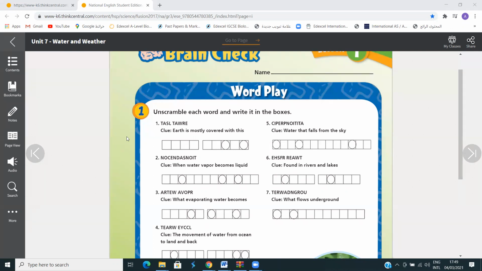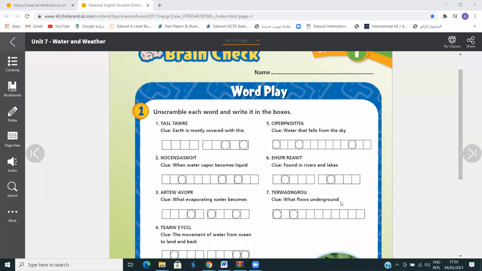Yes, Mister. Number 7. Water flows underground. Underground what? It is easy. Do you know?